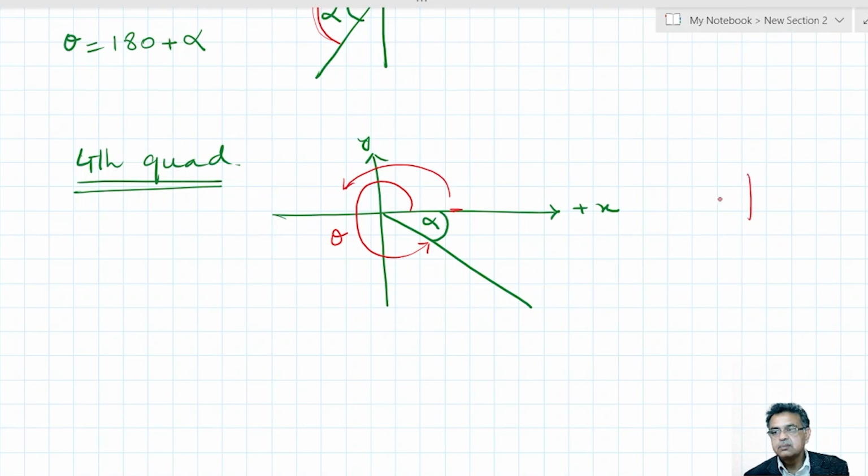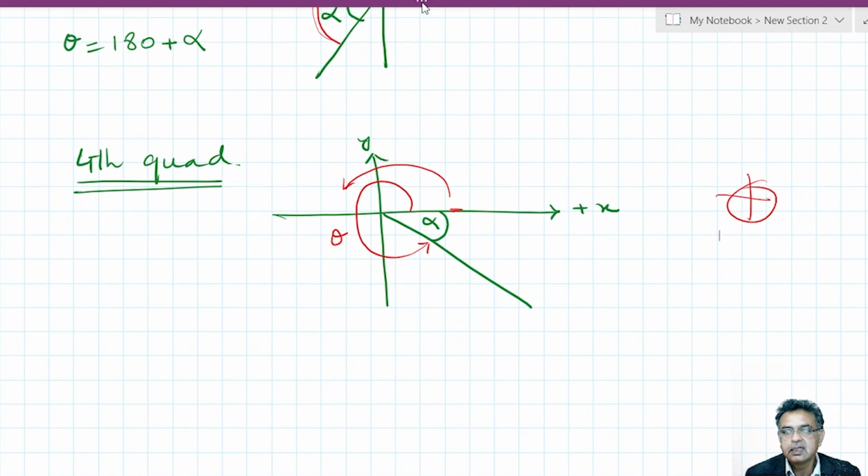Okay, in a complete circle, you know that the sum of all the angles is 360 degrees. So you can see that this theta plus alpha combined make one cycle of 360 degrees.